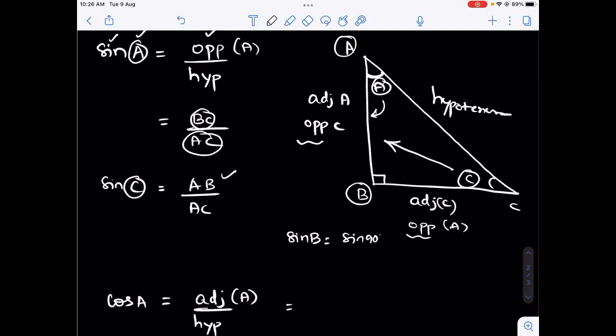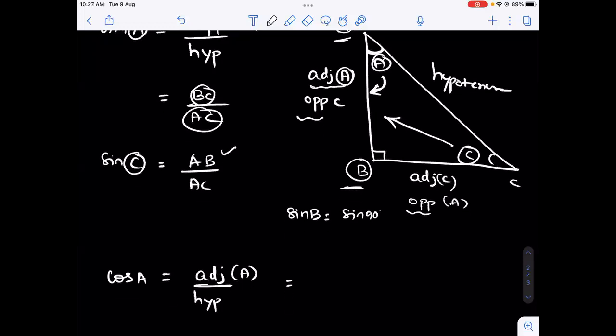Which side is beside A? It's clear. I've already put the arrow mark also. I cannot give more of a hint. Adjacent of A, if I put it here, look, adjacent of A. That is AB, that's it.